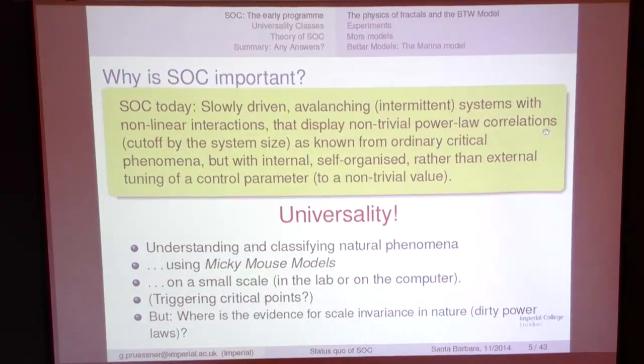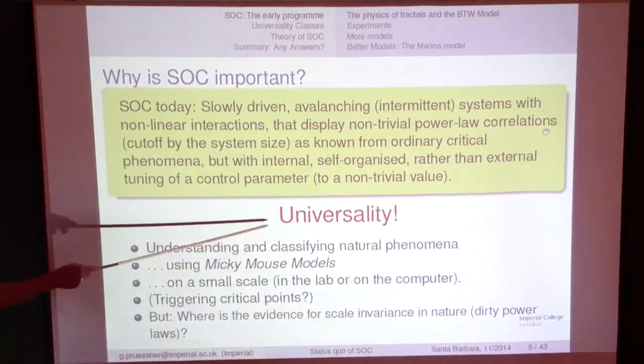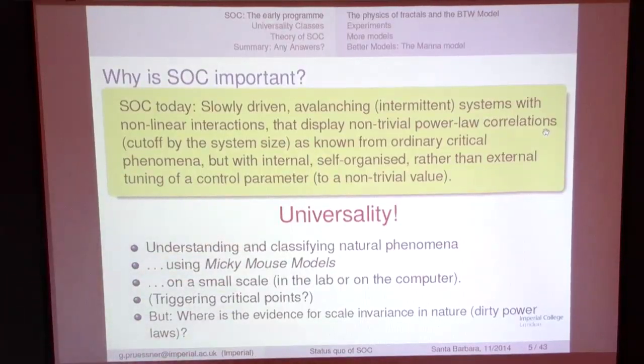So if you want to understand earthquakes, then you can do that with a tabletop experiment or on your computer, because the physics, the underlying symmetries, whatever characterizes the particular action, is maybe contained in a much simpler system that you can put in a computer, whereas the real phenomenon is happening on a scale of hundreds of kilometers. So universality is probably the strongest driver for this type of research.